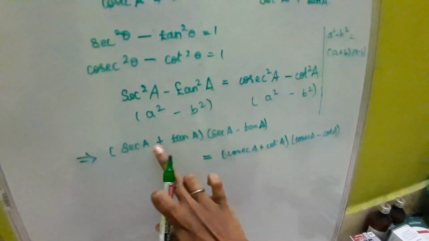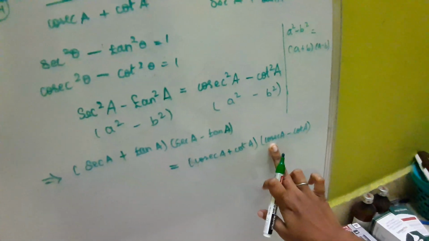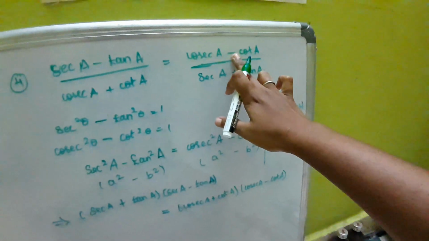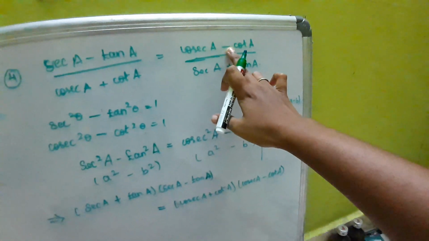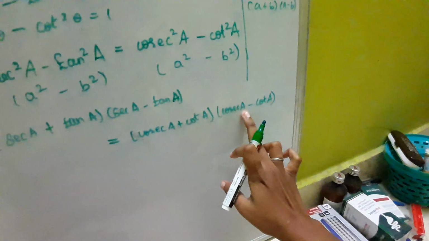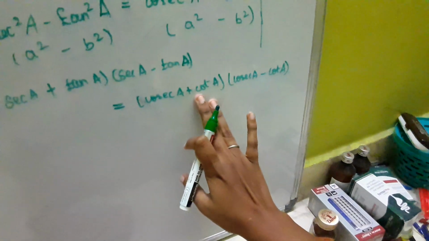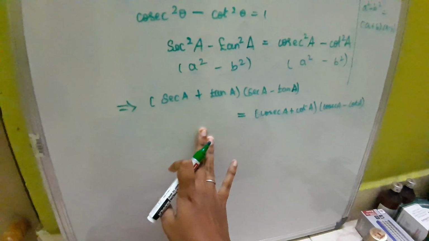On the RHS, on top there is cosecant A minus cot A, so keep cosecant A minus cot A here itself and move this plus from RHS to LHS.